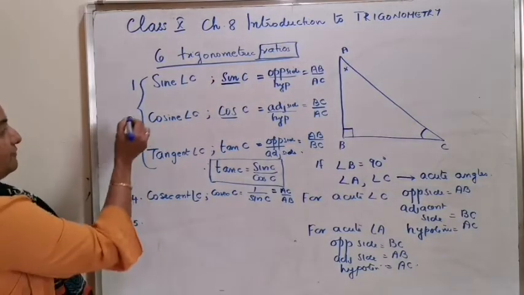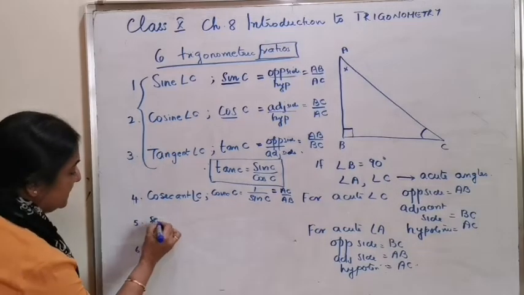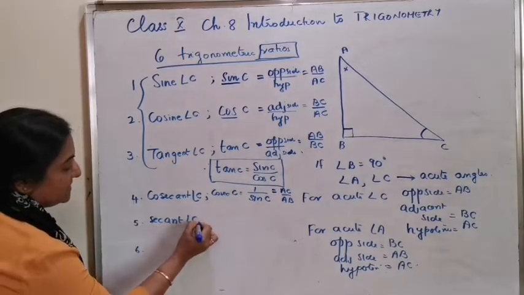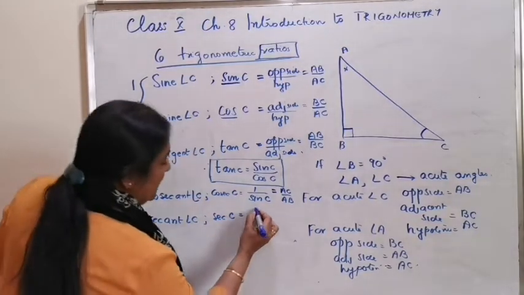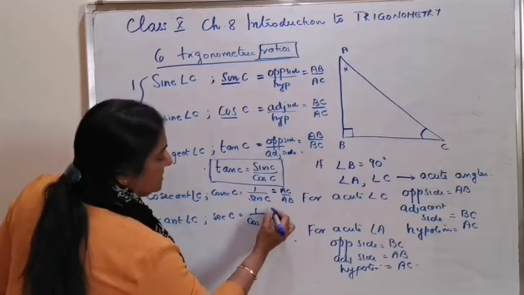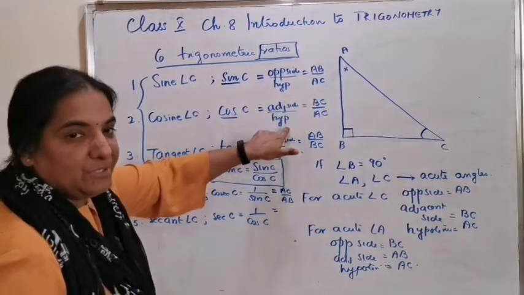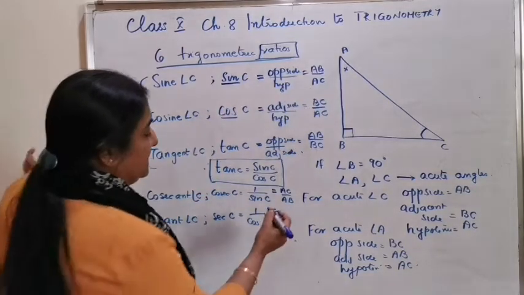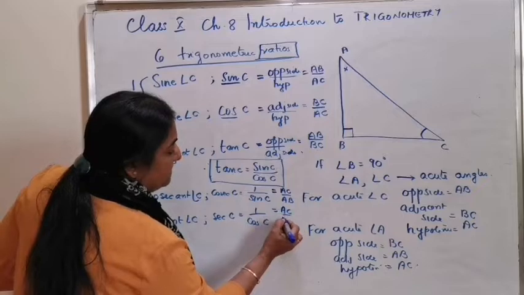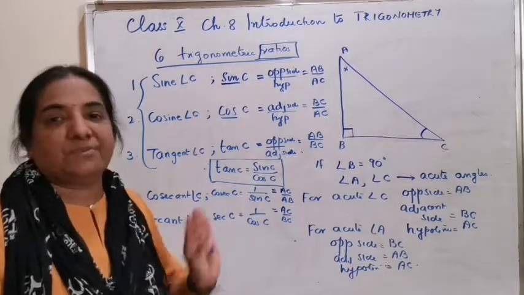Then the fifth ratio is the reciprocal of cosine, secant C, or sec C, which is the same as 1 by cos C. Cos is adjacent by hypotenuse. It will be hypotenuse by adjacent, or you can write it as AC by BC. Get the value of cos and just put its reciprocal.